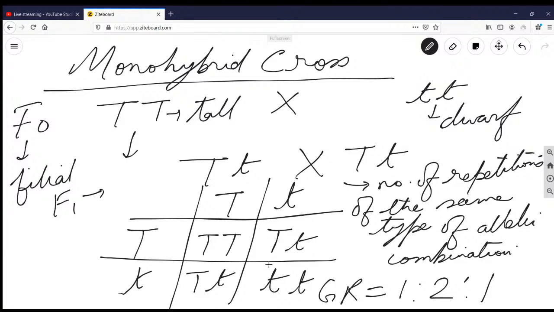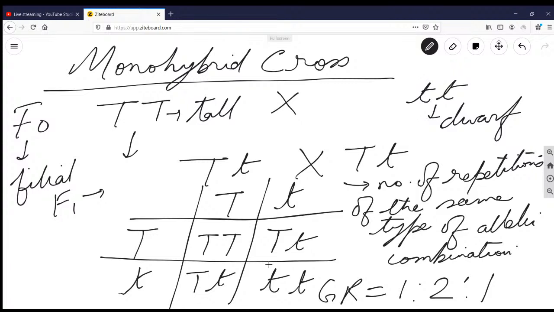I just told you to look at the allelic combination and count its repetition. You shouldn't worry about the physical appearance, whether the plant is tall, dwarf, seed round or wrinkled, yellow or white, axial or terminal. Just count the number of allele combination repetitions.